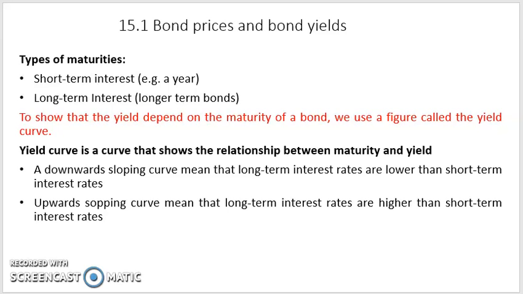On any given day, we observe the yield on bonds of different maturities, and so we can trace graphically how the yields depend on the maturity of a bond. The relationship between maturity and yield is called the yield curve, or the term structure of interest rates.